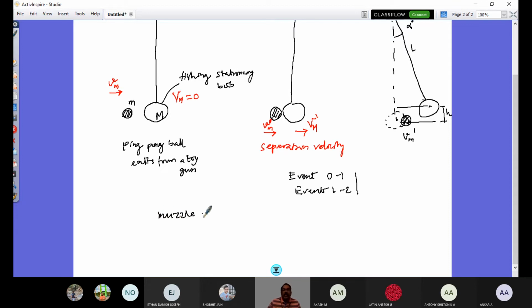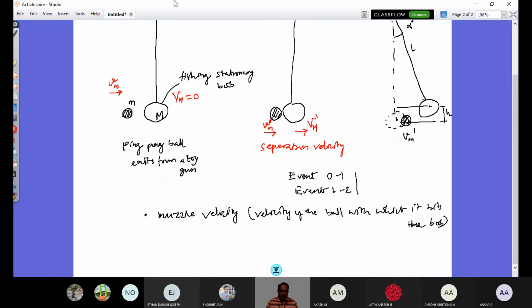So this muzzle velocity is nothing but the velocity of the ball with which it hits the bob, right? So this velocity I had to find out, and also I had to find out an energy loss during this.